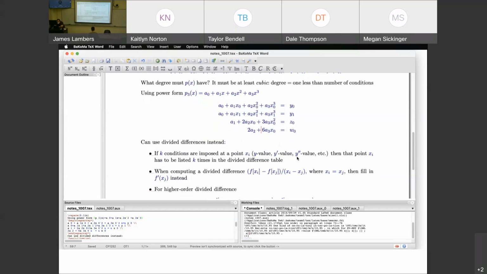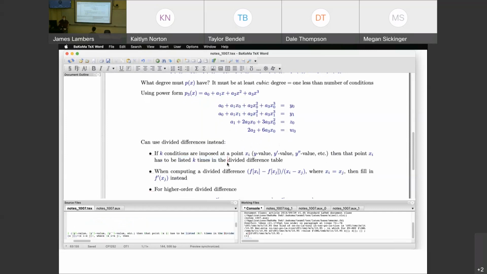However many conditions you impose on it indicates how many times you list it in the divided difference table. So in your divided difference table, the first thing you do is you list your x values, and then you list your corresponding y values. So now you're listing the same x value multiple times. I'll show you an example momentarily.